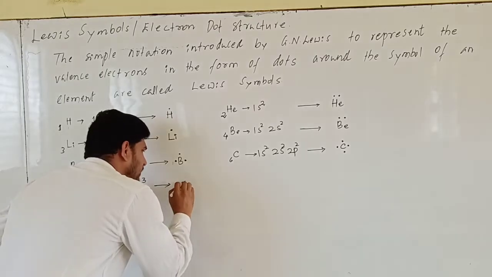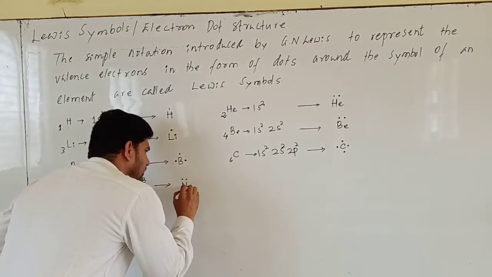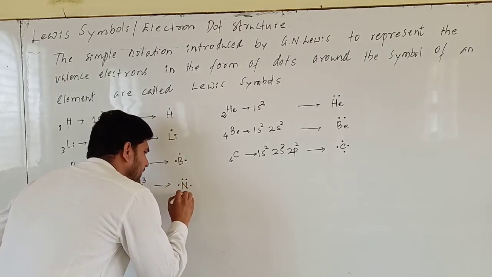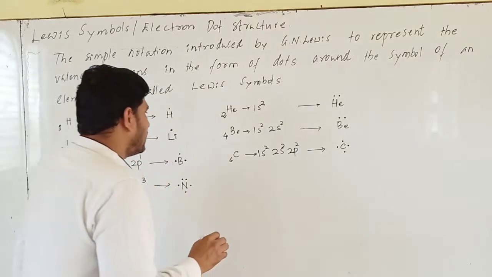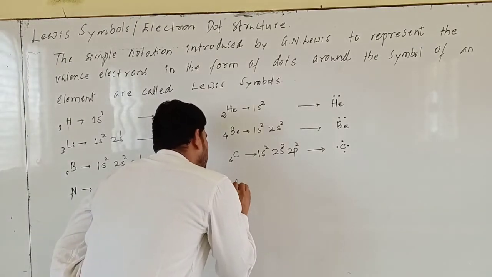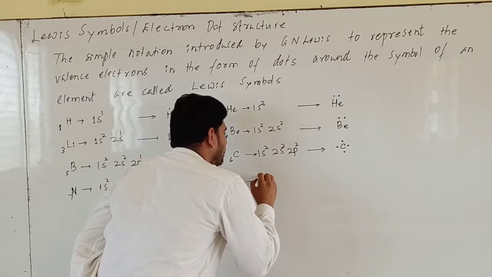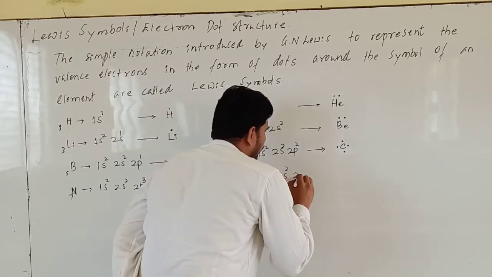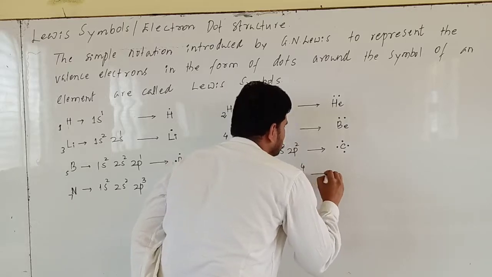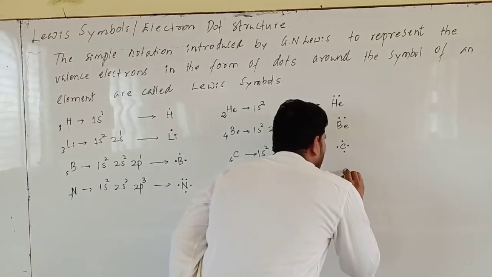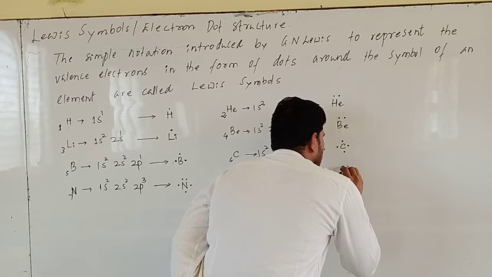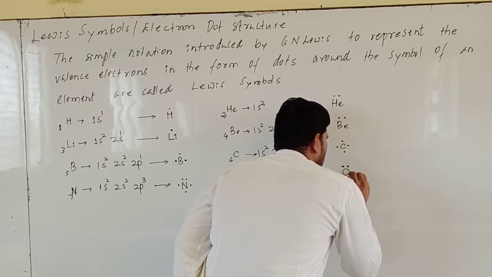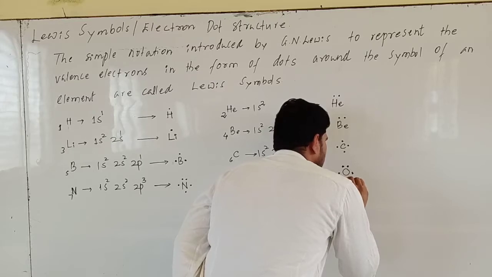You need to represent all five valence electrons around the symbol of nitrogen, like this. Oxygen, with atomic number 8: 1s2, 2s2, 2p4. Totally how many valence electrons? Six. You need to represent those six valence electrons like this.